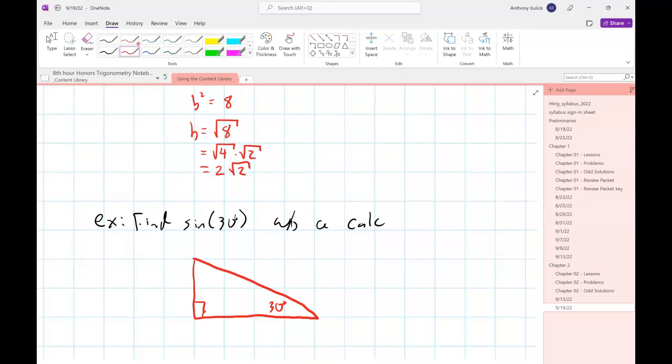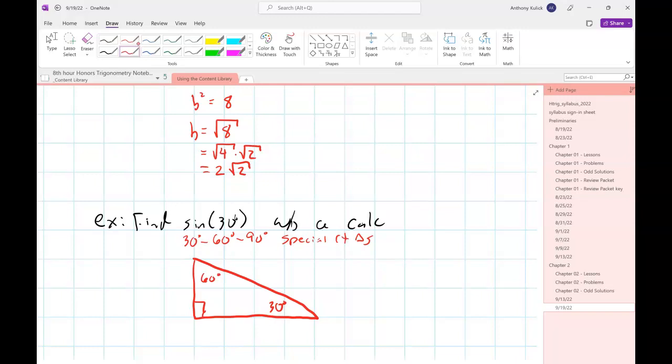What else can I say? The other angle is 60 degrees. Okay, wait a minute. What are the angle measures here? 30, 60, 90. That rings a bell from geometry, right? Wasn't that one of our special right triangles? Oh, yeah.